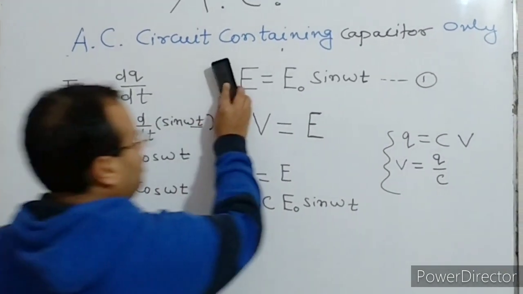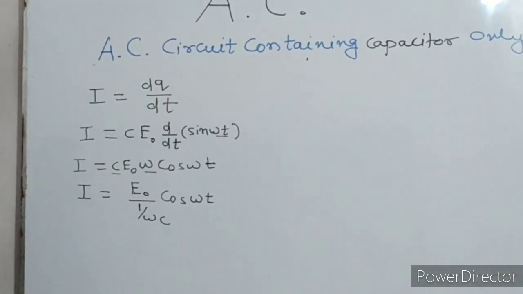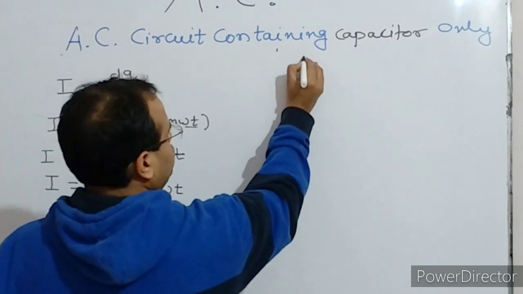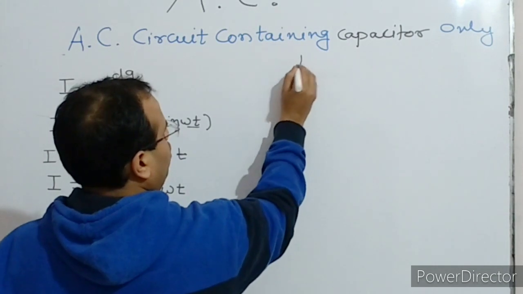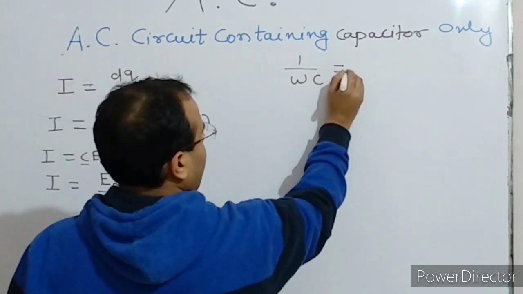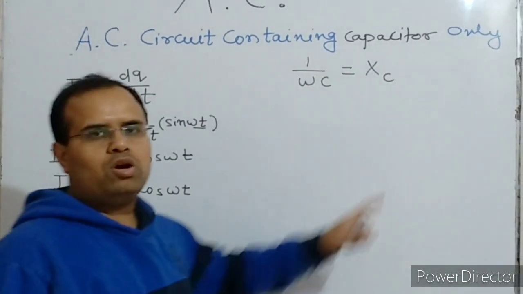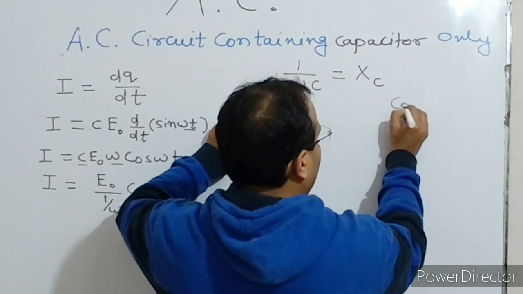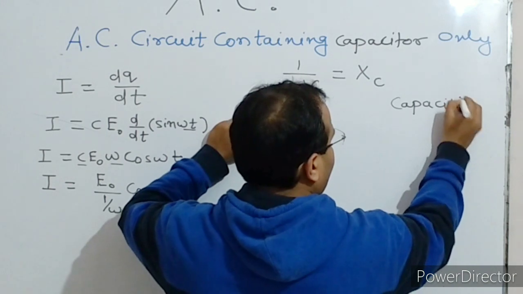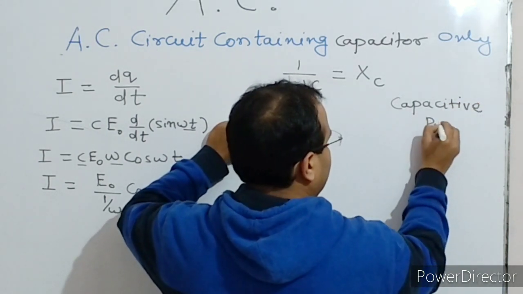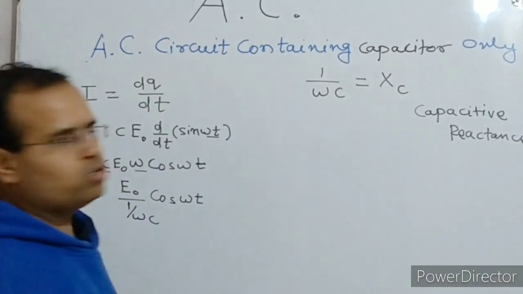Here we assume 1 upon omega C as Xc, and this is called capacitive reactance, denoted by Xc.